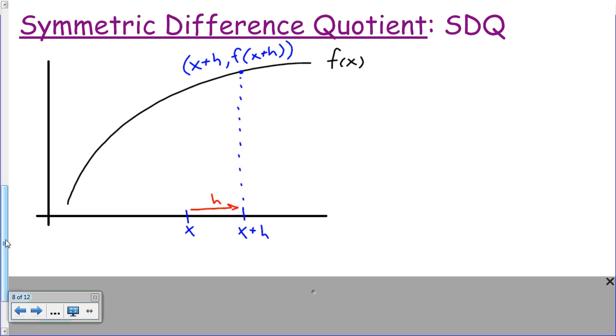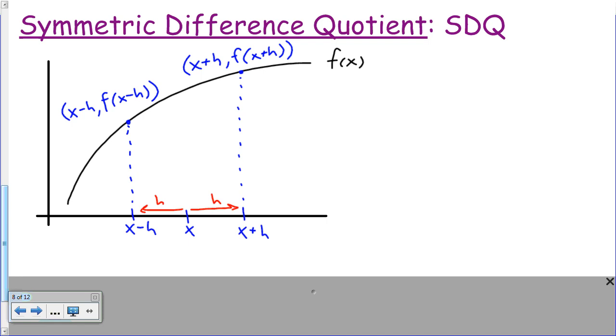And I'm also going to move backward from that point the same distance h. So this point right here, I guess to make it symmetric, it should be about right here, will be about x minus h. And that corresponds to this point right here, which we'll call x minus h, f of x minus h. And again, the symmetric difference quotient is just finding slopes.